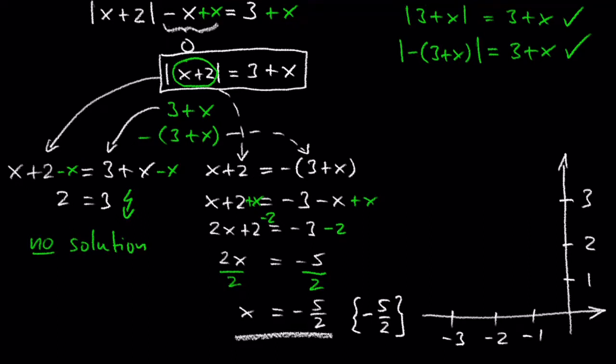Hopefully that's the case. One way to draw the graphs is to know that x plus 2 represents a straight line with an intersection with the y-axis at 2, and a positive slope of 1. We also have to know that the absolute value of x plus 2 can never be negative, so we mirror the straight line at the vertical line at negative 2.